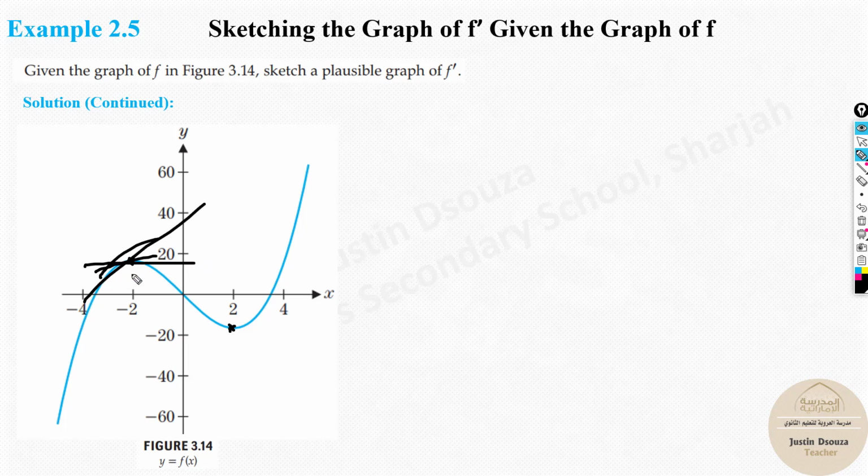As it goes, it gets steeper. And when you reach this point, it'll be a flat line, isn't it? So the derivative would be 0 at these 2 points. Wherever it changes direction like this, there the derivative would be 0. So your derivative would be passing through these 2 points.